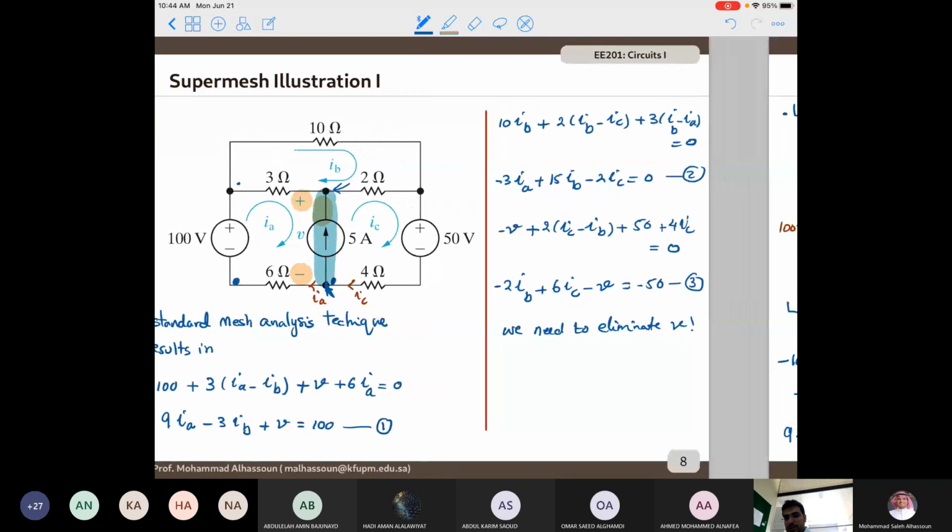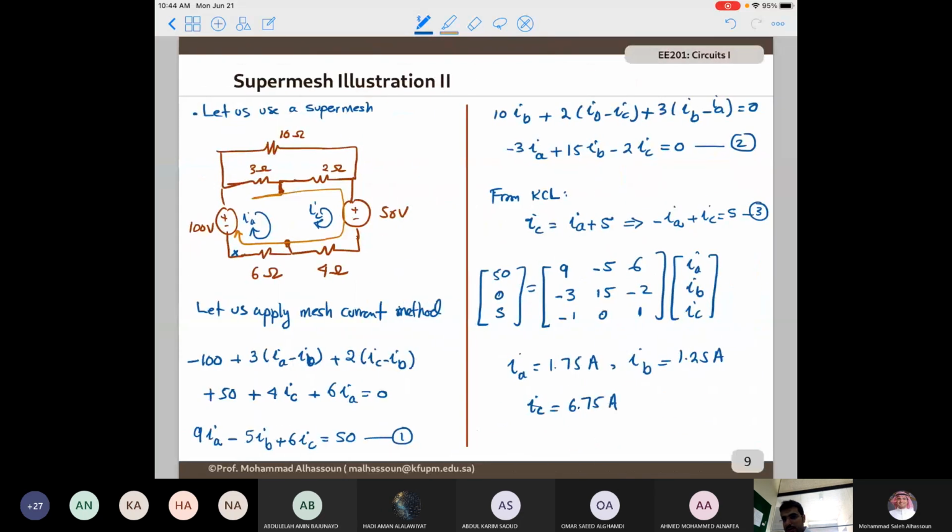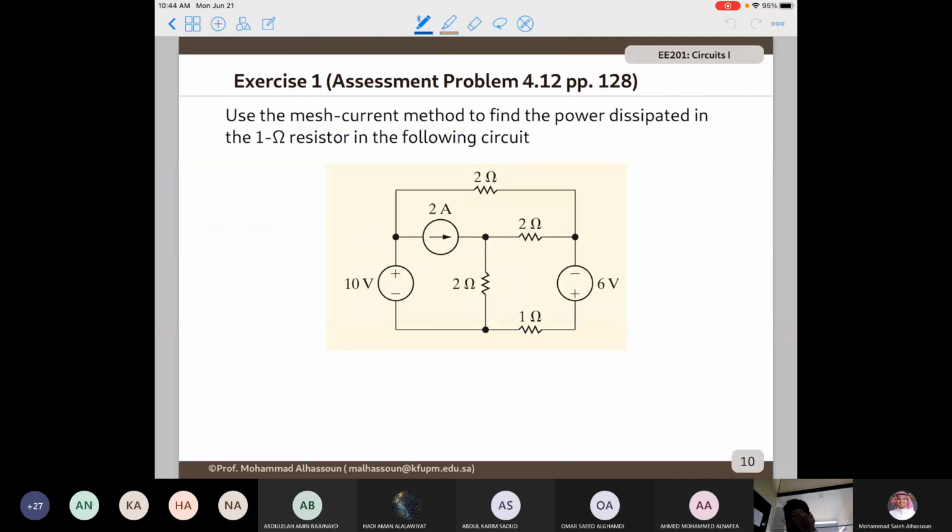Okay, no more questions? Let's go ahead and solve. In this exercise, we are asked to use the mesh current method to find the power dissipated in the 1 ohm resistor in the following circuit.